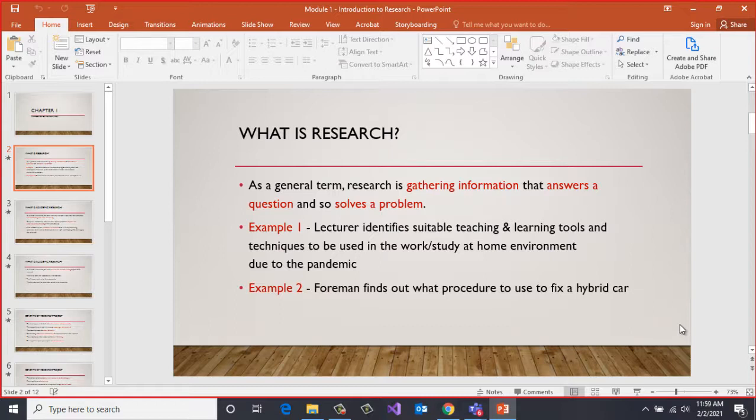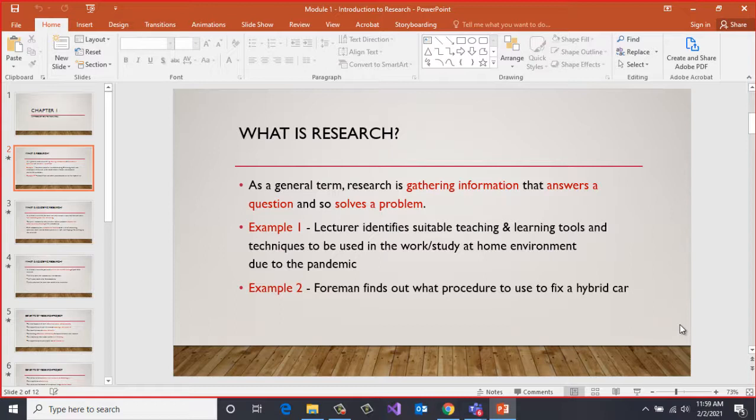Do we consider that he is doing research when he is fixing a hybrid car? The answer is no. Why? Because it has become a routine thing for him. So it's no longer research.